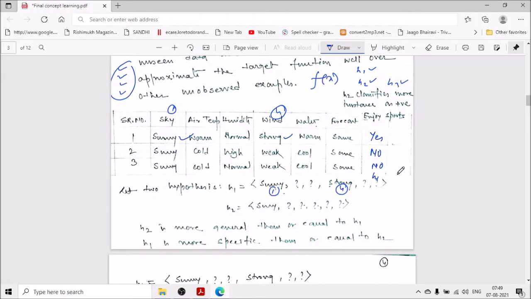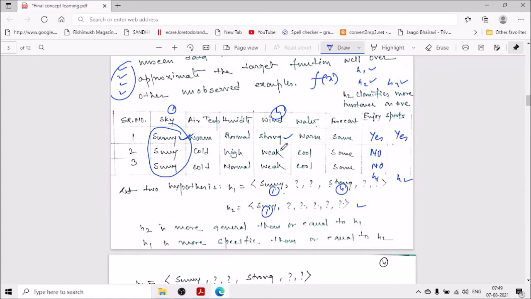But if we use the second hypothesis, we have to see only the first attribute. If it is sunny, the answer is yes.